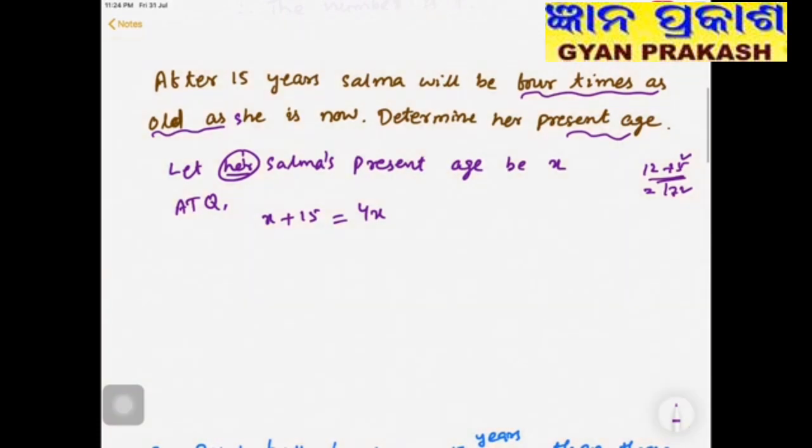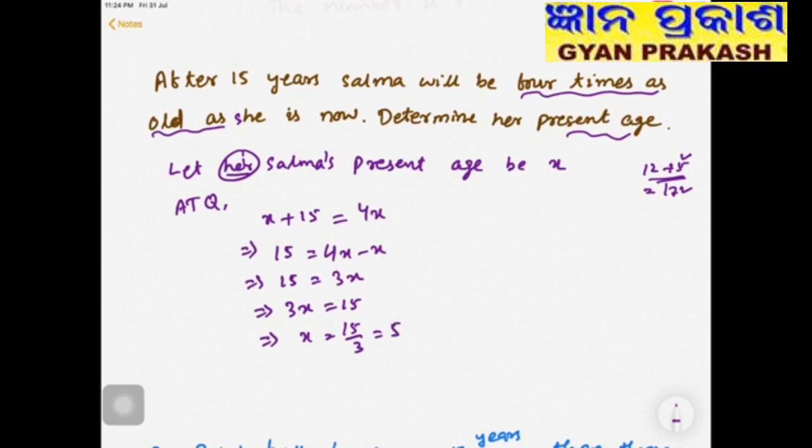Now we shall solve it. From here we get 15 equal to 4x minus x. Implies that 15 equal to 3x. And we know that by changing the sides it does not affect the equation. So we can write 3x equal to 15. Imply that x equal to 15 by 3, that is equal to 5.